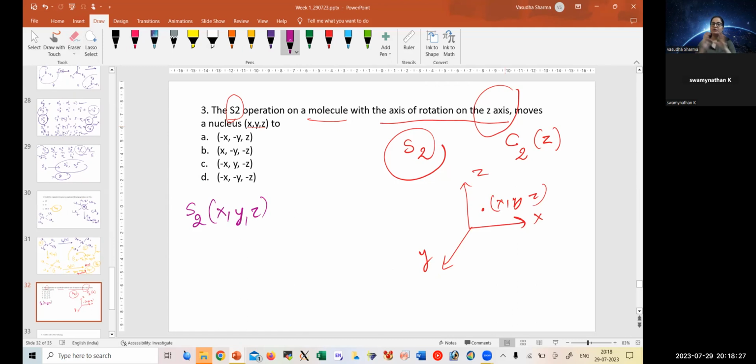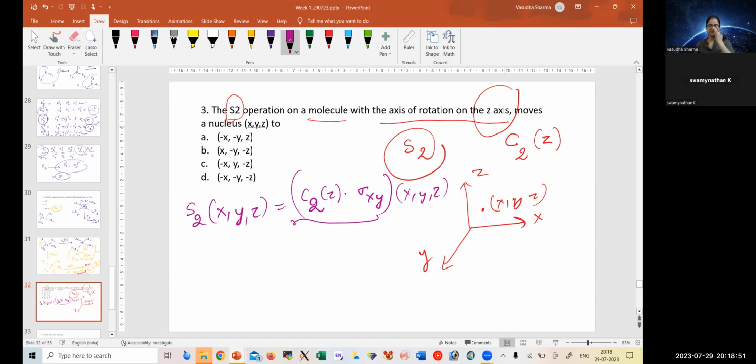Earlier, we were applying on a particular molecular shape. Here we have defined the coordinates X, Y, Z, and you have to apply the S2 operation. So we have to apply C2 along the Z-axis and sigma XY along this XYZ. You can consider this XYZ as your molecule. So these would be the elements, C2 along the Z-axis and sigma, which is perpendicular to your C2.